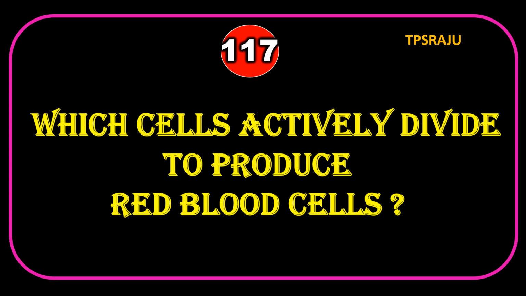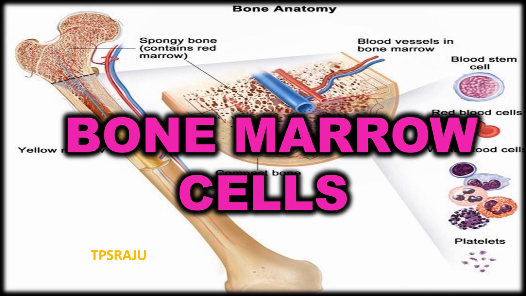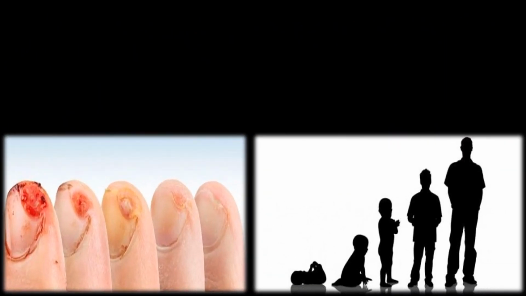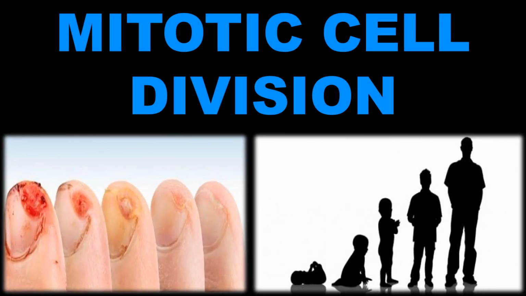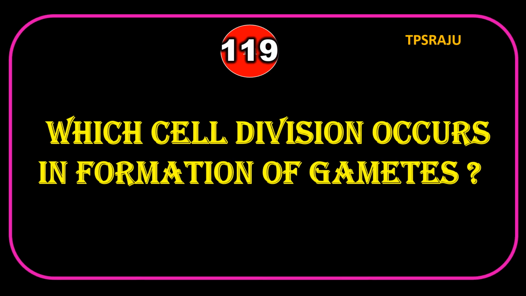Which cells actively divide to produce red blood cells? Cells present in bone marrow. Which cell division helps in healing of wounds and growth of the body? Mitotic cell division. Which cell division occurs in formation of gametes?